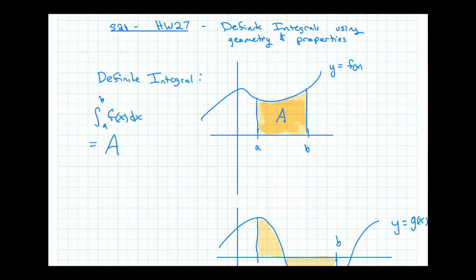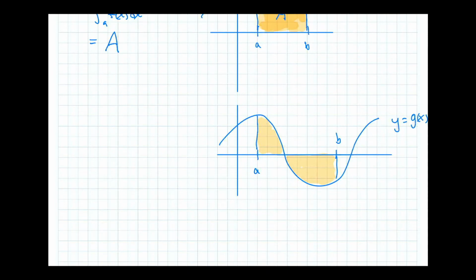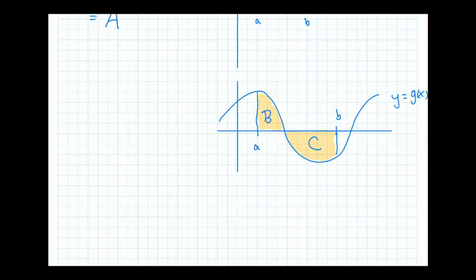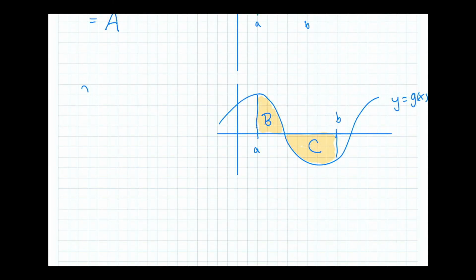Now, if you've got a definite integral like the one I'm showing here, let's say I call this area B and I call this area C. I'm just using B and C because we already used A, so I'm using capital letters for these areas. If you wanted to calculate this integral from little a to little b of g of x, which is what I'm calling this function, then you've got this area here above the axis and this area here below the axis.